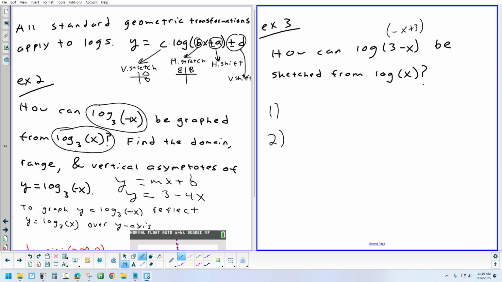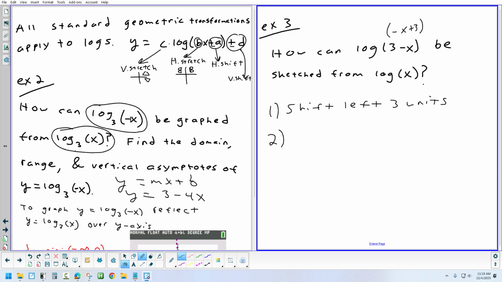Can anyone tell me what the first transformation would be? Yeah. Go left 3. Yep, shift left 3 units. And the second transformation. Okay.